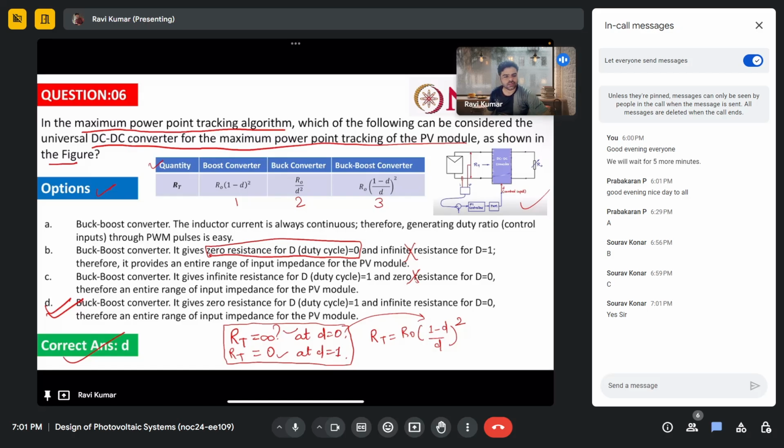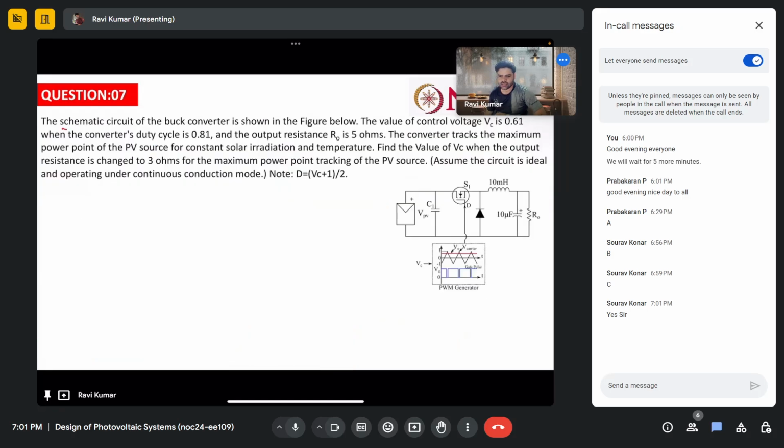Okay. Let's move to the next question, which says the schematic circuit of a buck converter is shown here. The value of control voltage VC is this when the converter duty cycle is 0.81. The output resistance R naught is 5 ohms. R naught is this one.